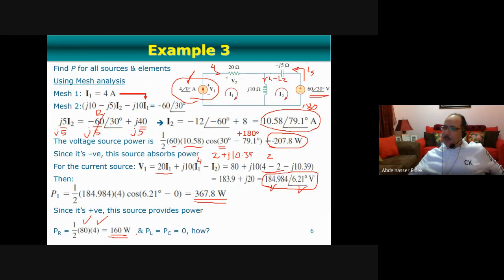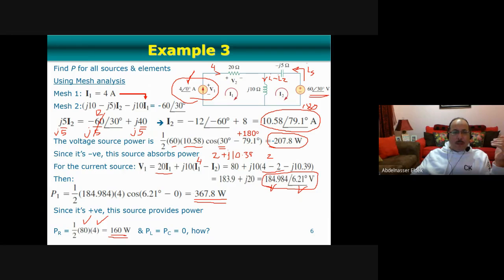Another way to do that is to look at this circuit. You have two sources and a resistor. All the power will be in these three items. The power in the voltage source is negative, and the power in the current source is positive.